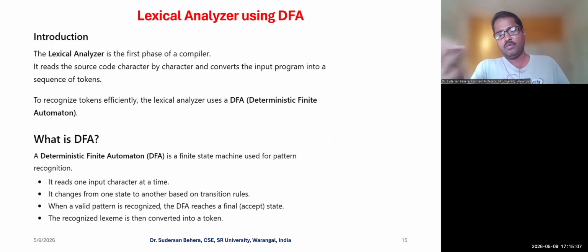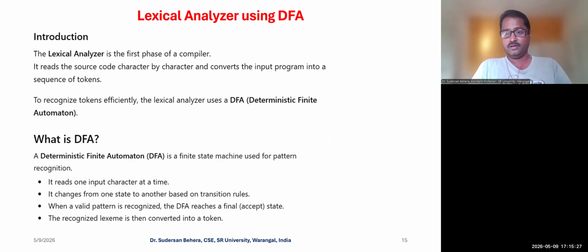And finally, when it reads the entire input, it may reach the final state. If it reaches the final state, then we can say the input sequence is okay. The recognized lexeme is then converted.